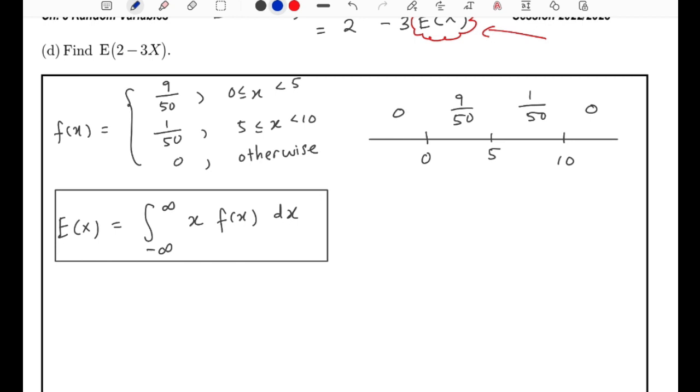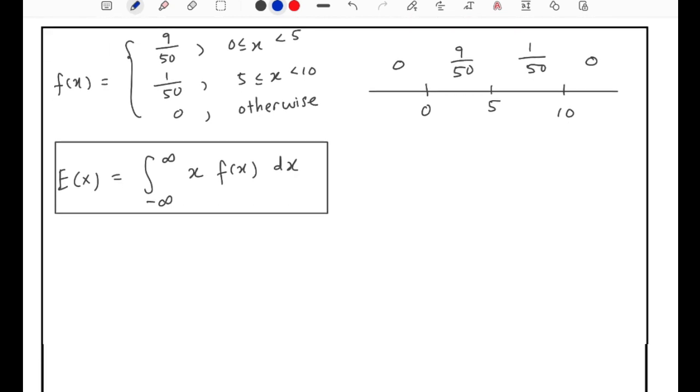So I already put the values 0, 5 and 10 onto the number line, and I already put up the function accordingly. So I just need to integrate to find the value of E(X). So we know that here is negative infinity, here is infinity.